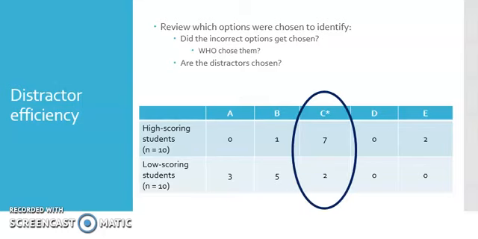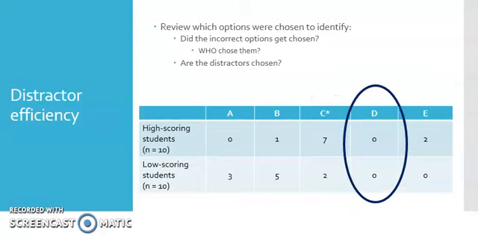And we can see that for C, this is the right answer. It's really great because C is correct, and of these 20 students, 9 students chose the correct answer. That's good. And more of the high scoring students chose it. So looking at D, no students chose option D for this test item.